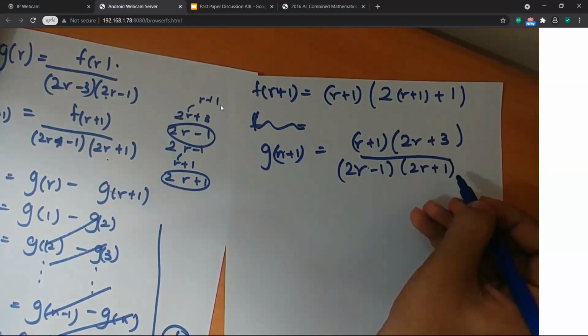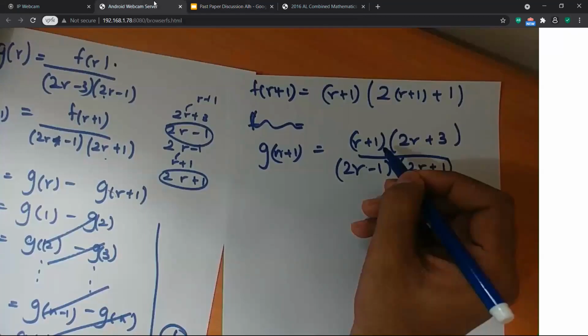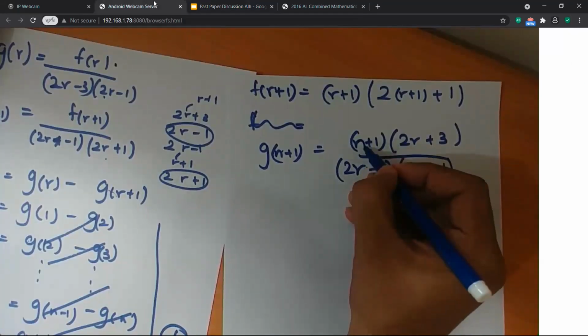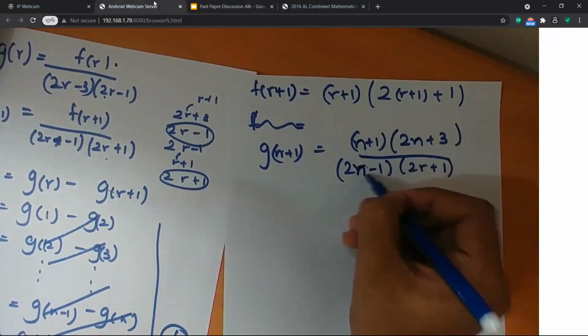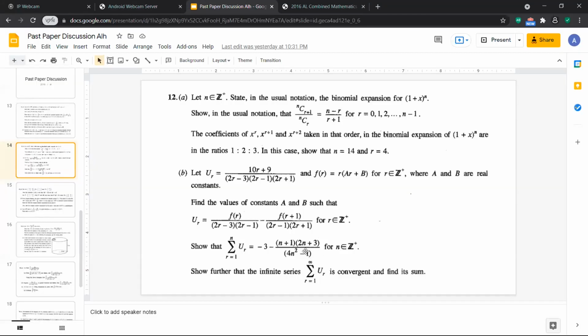Now, before simplifying, we'll look at the answer a bit and see if it's in the format we need. This is n plus 1, so substitute n, sorry, this is not r, substitute n. Now we need to get it in this format. Look at this, 4n squared minus 1. So can you get that?